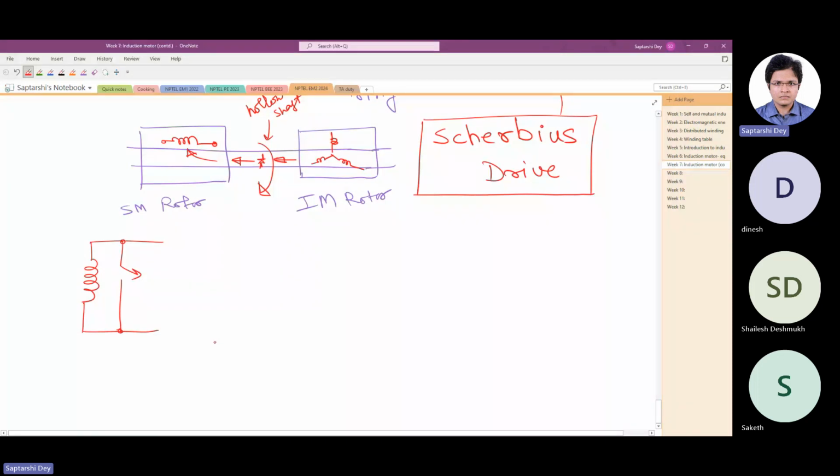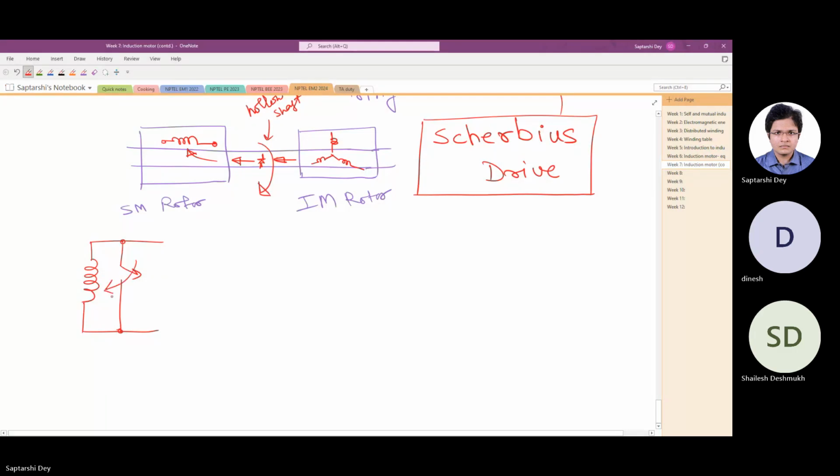If some fault happens, this circuit breaker should close. In this way, your circuit is saved. Got my point? The stored energy is not suddenly released.